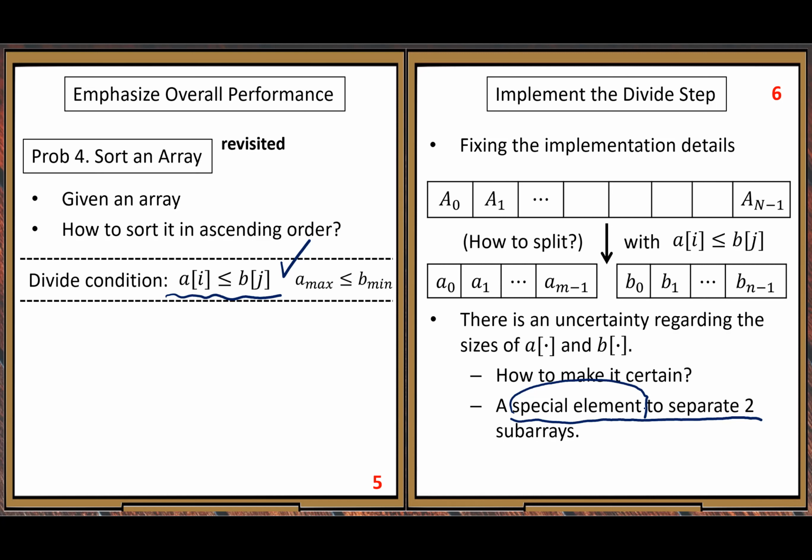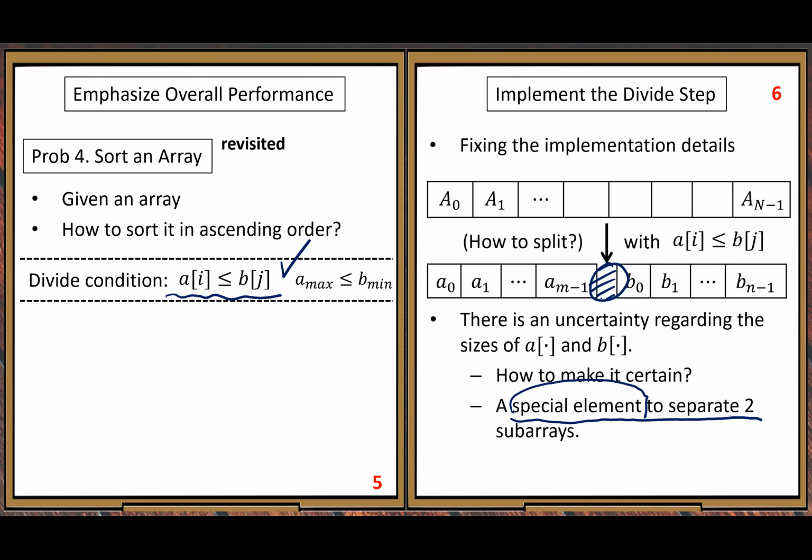How to choose some special element? That element plays the role of a separator, in the middle between two subarrays.